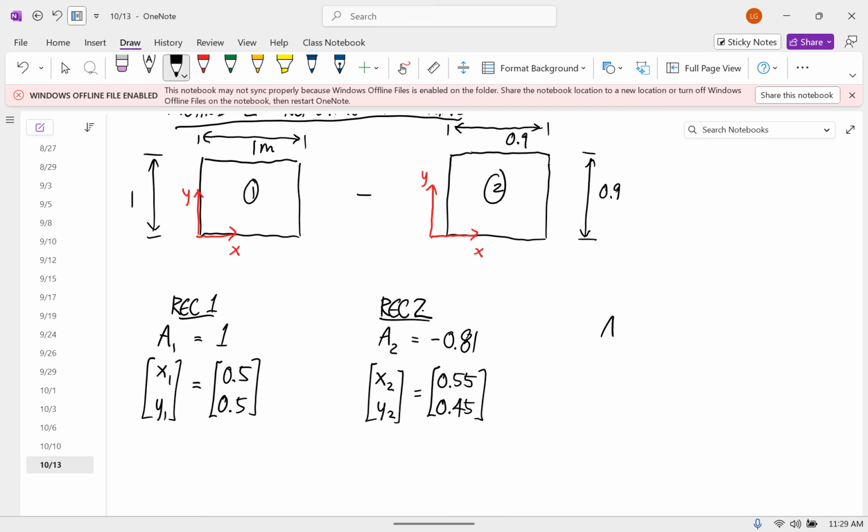And then the total area is A1 plus A2, which is 0.19 again. It's the same shape, so it has to have the same total area.